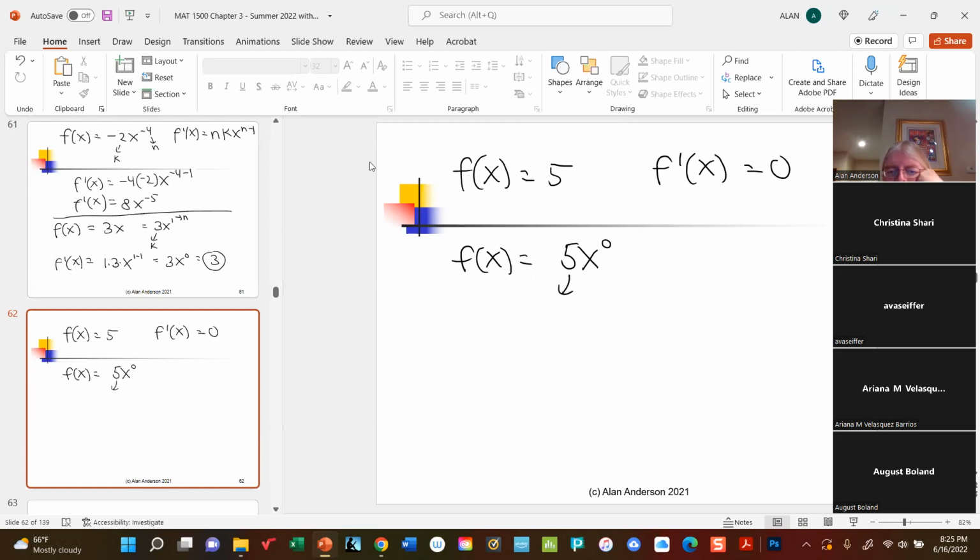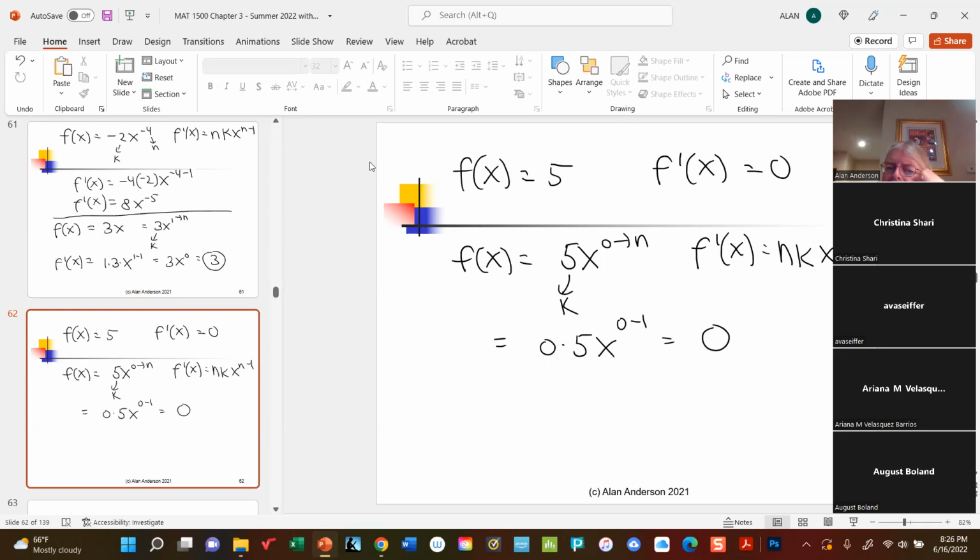So this becomes our k. And this is our n. So in this case, I'll end up with 0 times 5x to the 0 minus 1 power. The exponent doesn't matter. We're just going to wind up with 0.